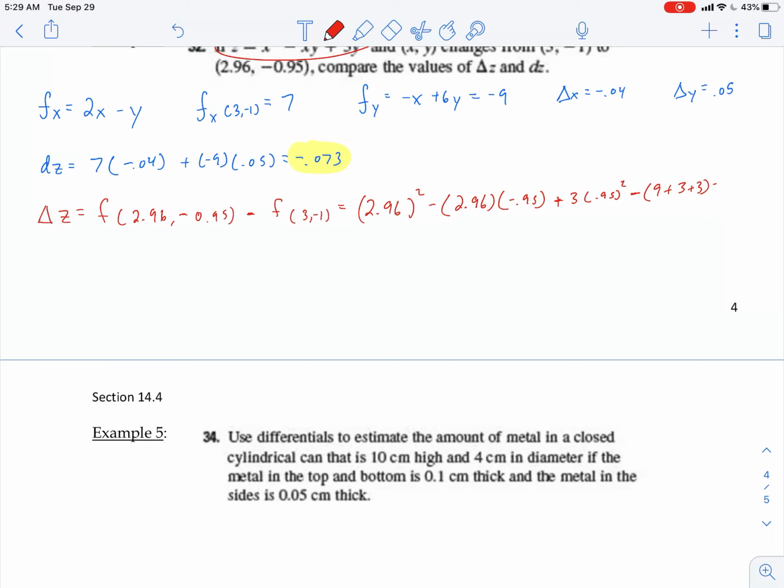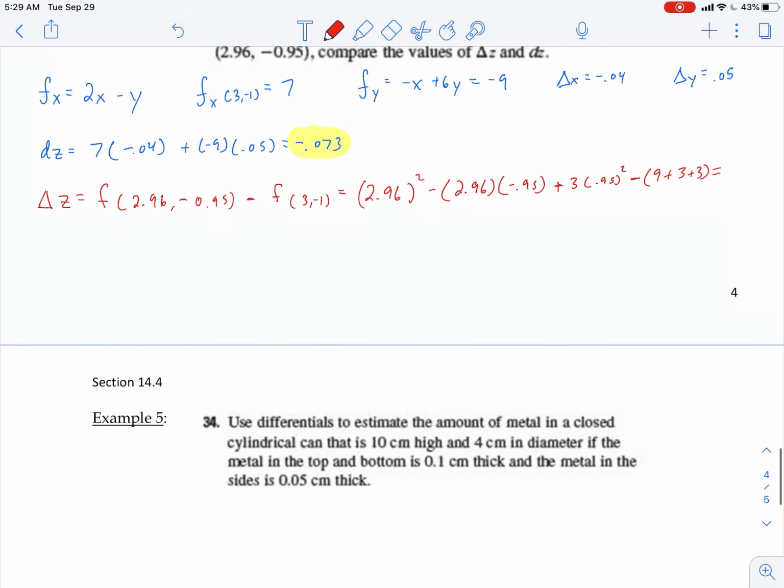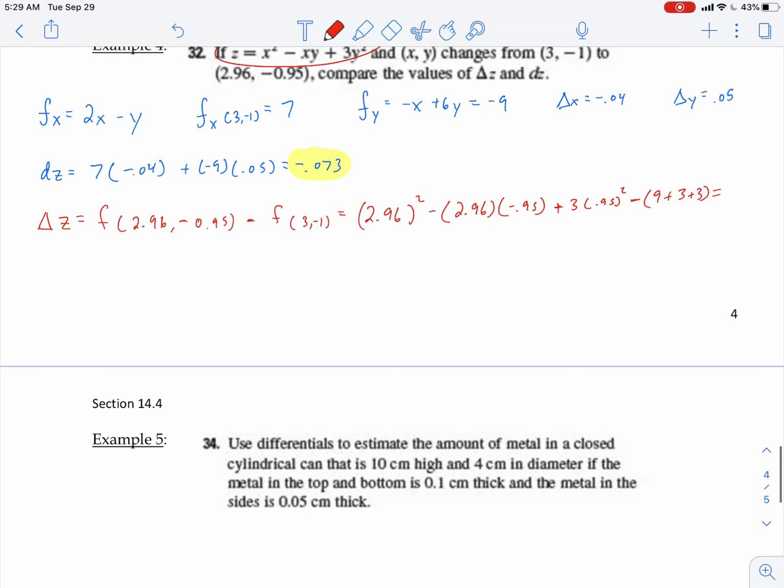And then we have 3 times -1 squared, so that's another plus 3. And so our delta z, we're going to get -0.718.